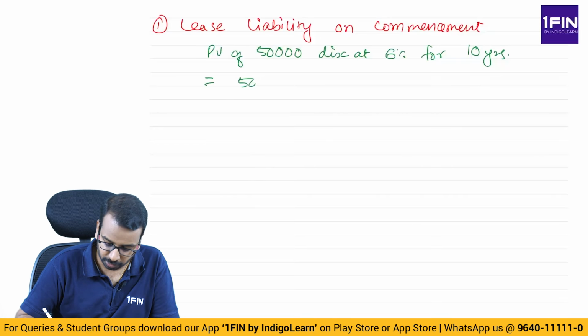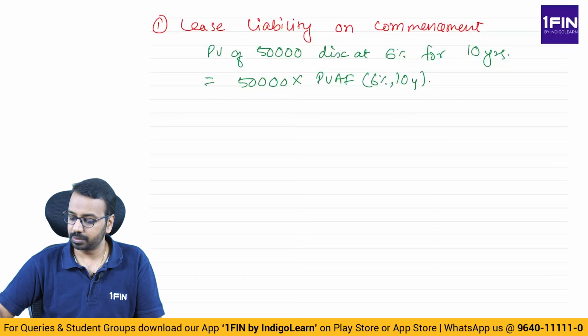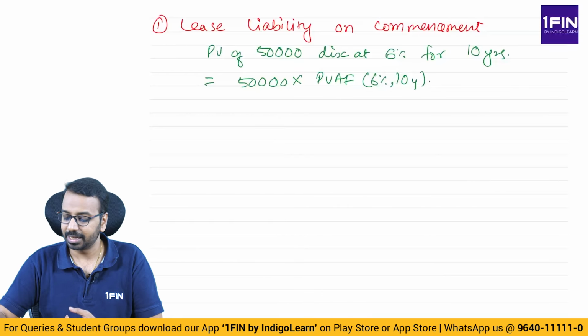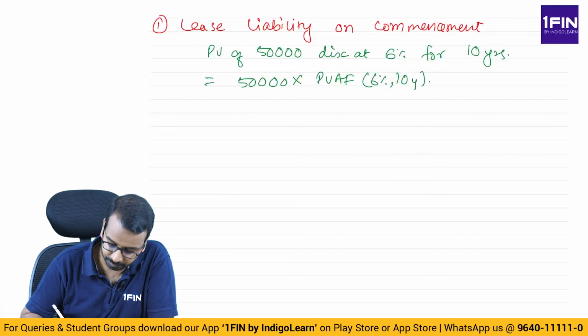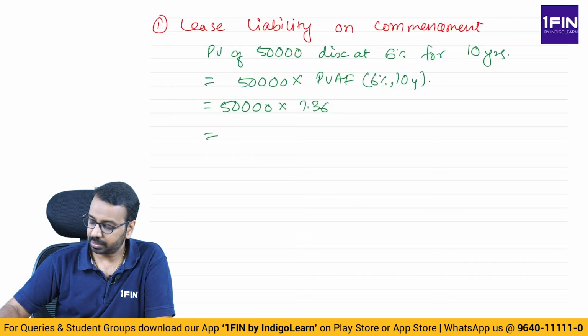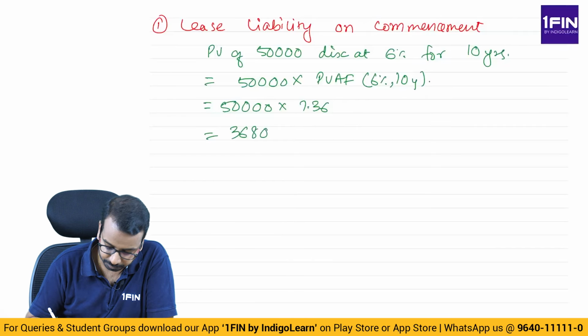That is equal to 50,000 into present value annuity factor considering 6% for 10 years. So 1 divided by 1.06 is equal to 1s, 2, 3, 4, 5, 6, 7, 8, 9, 10. And if I do a grand total, I get 7.36. So 50,000 into 7.36, I get 3,68,000.